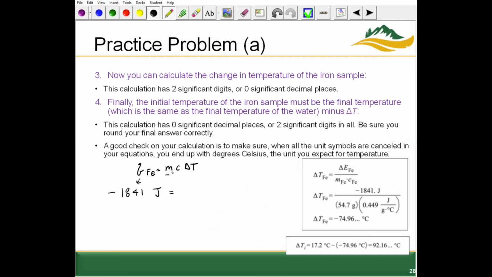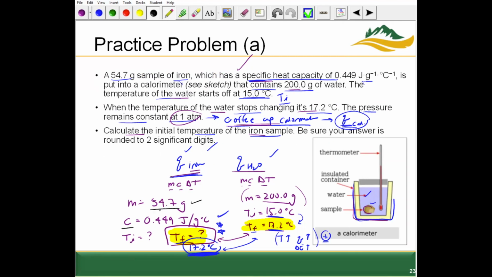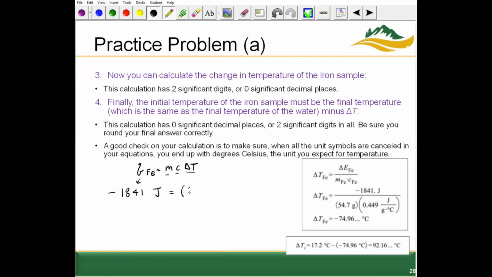Do we know the mass, specific heat capacity, or delta T? Let's go back up to the setup of our problem and see what we assigned so far. So mass of iron, 54.7 grams, specific heat capacity, 0.449 joules per gram degrees Celsius.